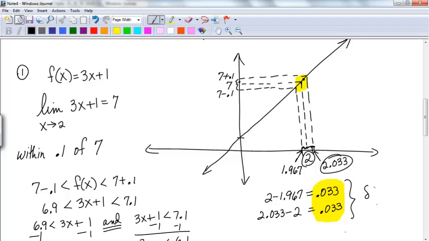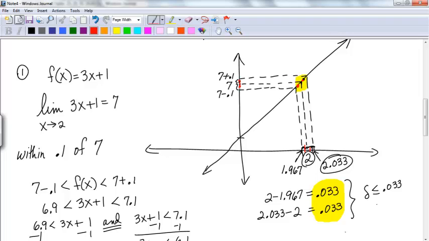Our delta would be okay to be less than or equal to 0.033, right? If I went smaller than 0.033, wouldn't I be in here? And wouldn't that put those y values still in that interval? Same thing if I went over here smaller.